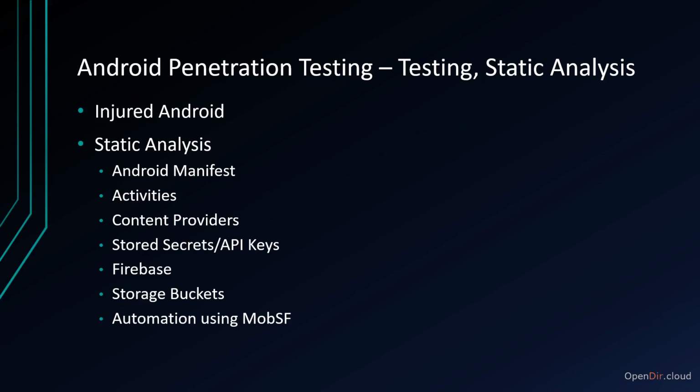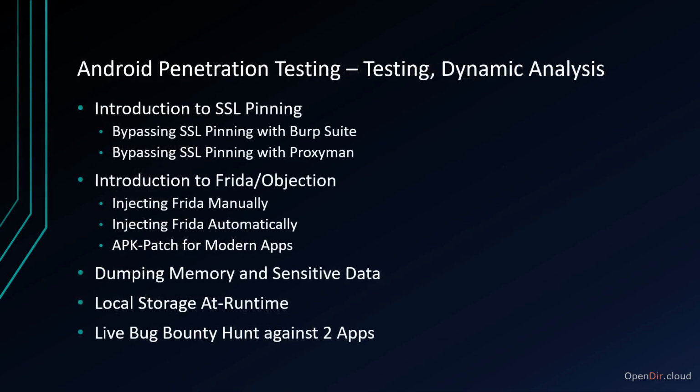We're talking about Firebase databases and also cloud storage buckets and how we can find those through the static analysis process. Finally, to polish off static analysis, we'll talk about how to automate some of this using a tool called MobSF.